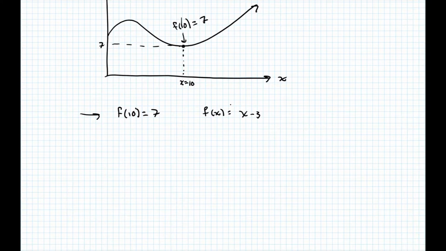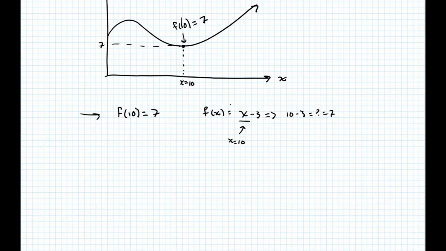We can see that when we plug in 10 for x, we get a discrete relationship: 10 minus 3 equals the output 7.